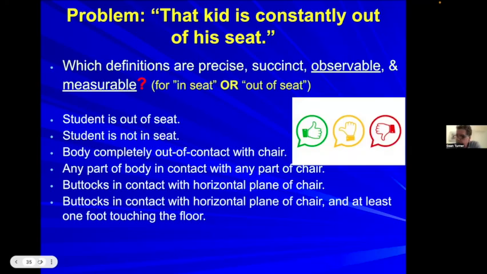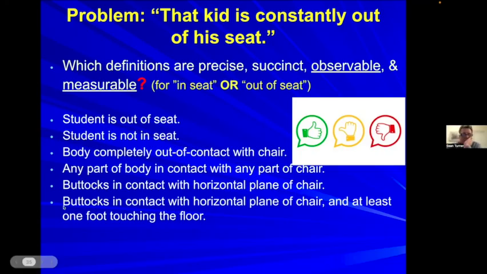Anybody want to put some things into the chat real quick? You see anything in the chat, Dr. Mack? Some things are popping up now.